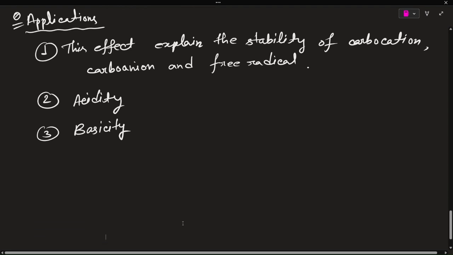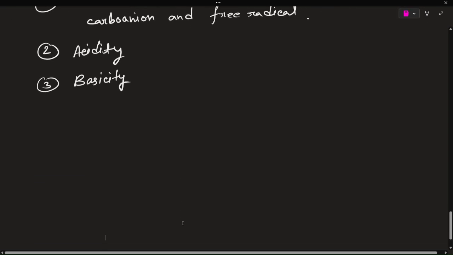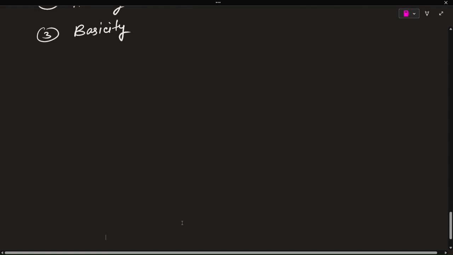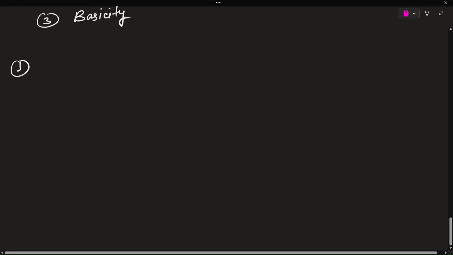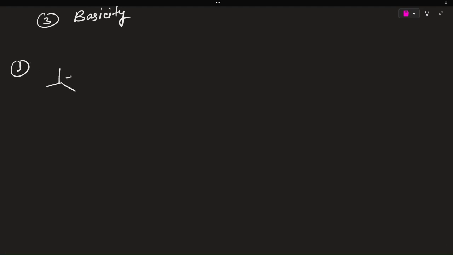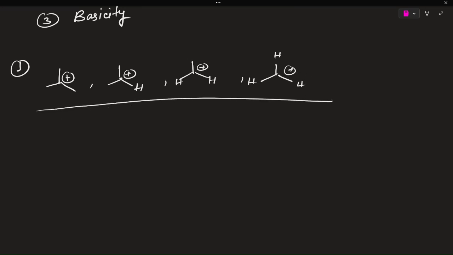Consider another example of these applications. 3-degree carbocation, 2-degree carbocation. If we take all the carbocations, we can see from right to left, the stability increases.